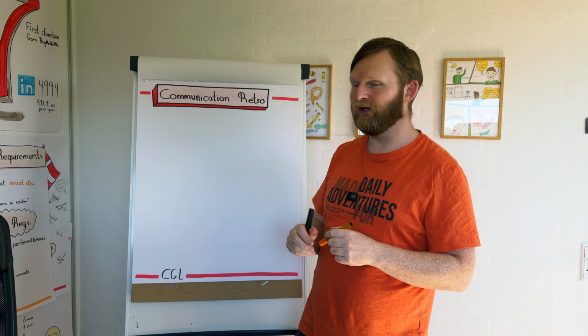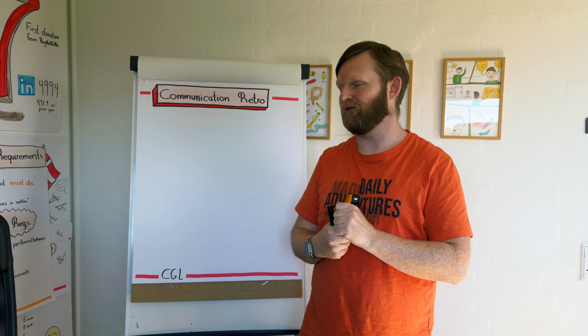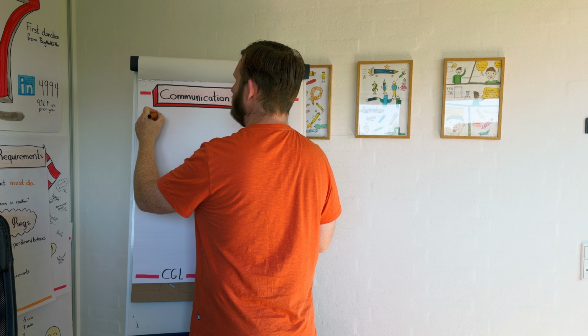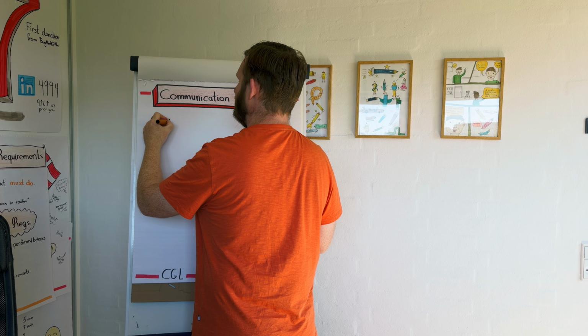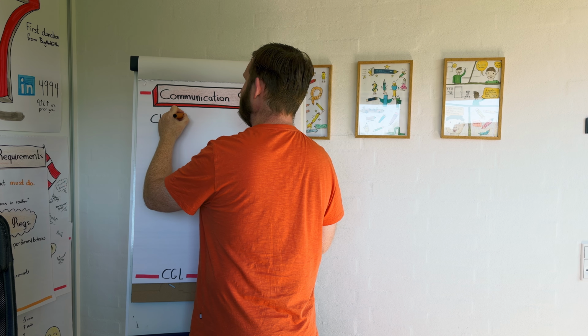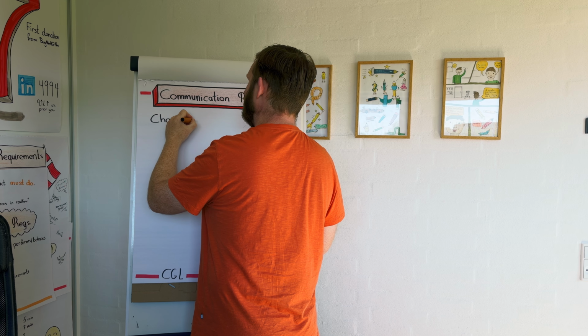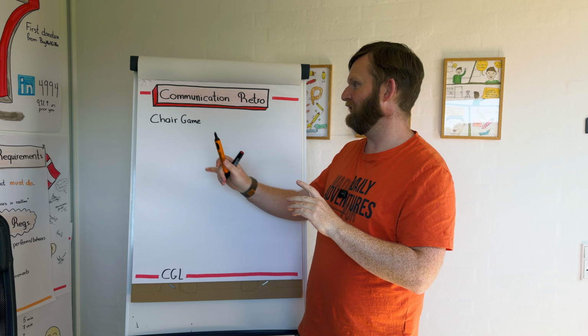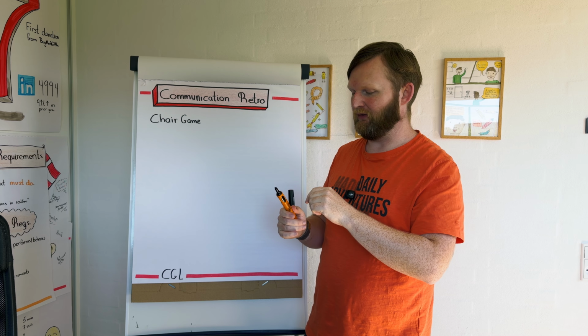So when I'm working with communication and trying to improve that, I like, if we are in the same room, to do something called the chair game. I'll just go over it quickly. I have made a specific video on this that I will link to.